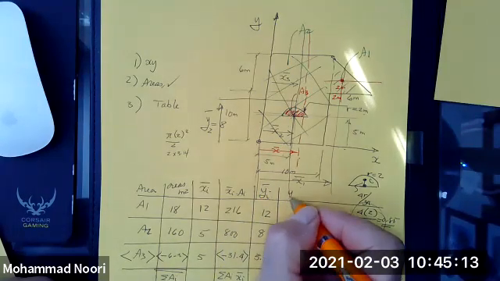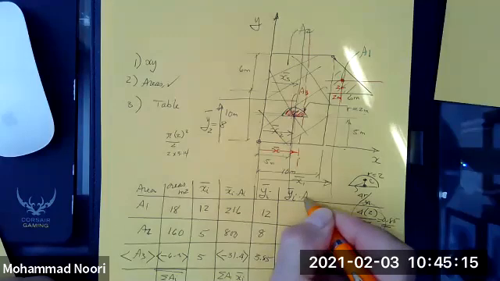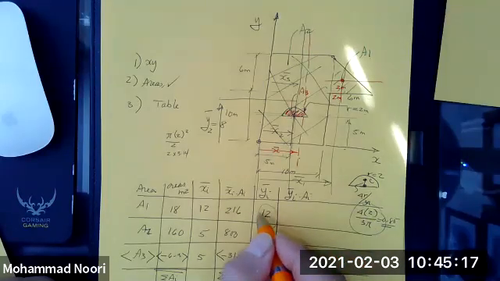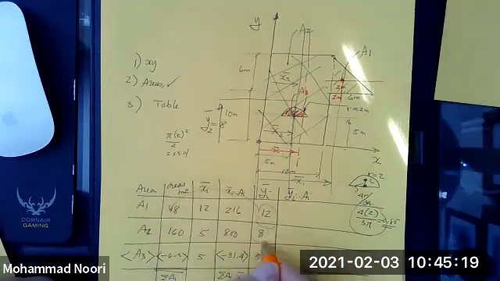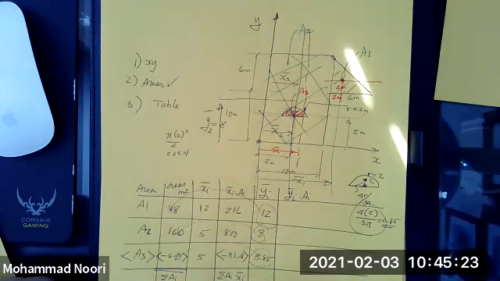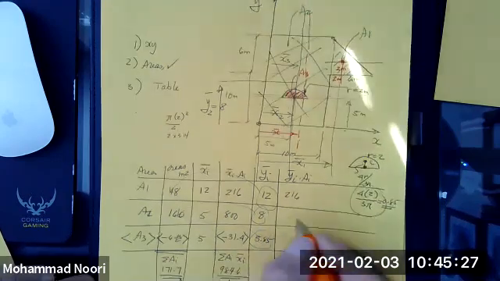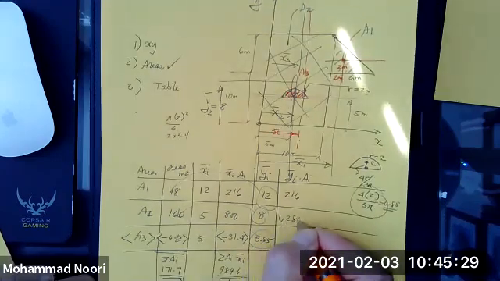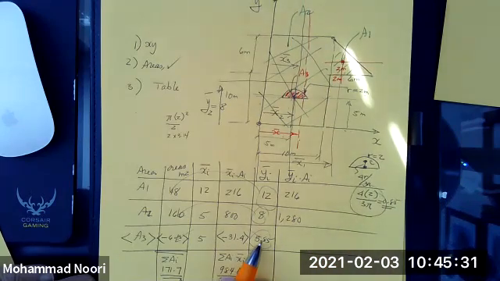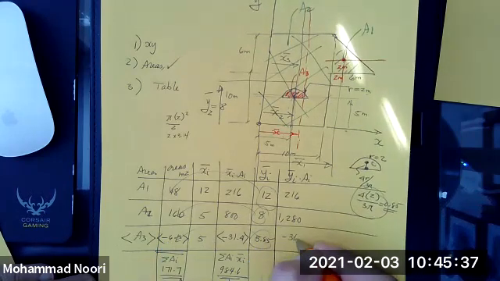Last operation, set up yi, ai. Simply multiply these values by the corresponding areas. So tabulate them here. 216, 1,280, and this one would be negative because this is positive times the negative area. That'll give you negative 36.7.